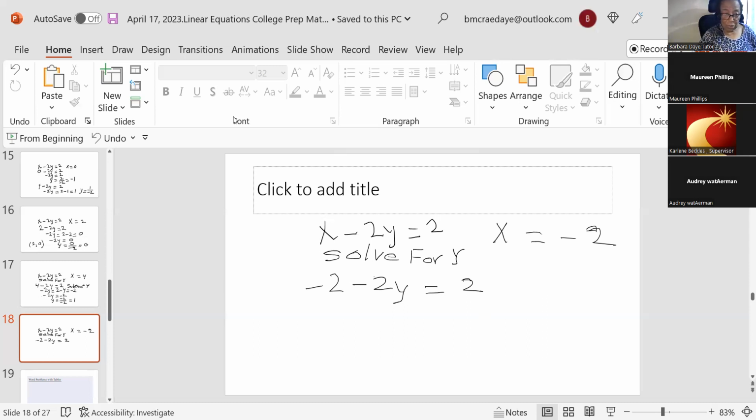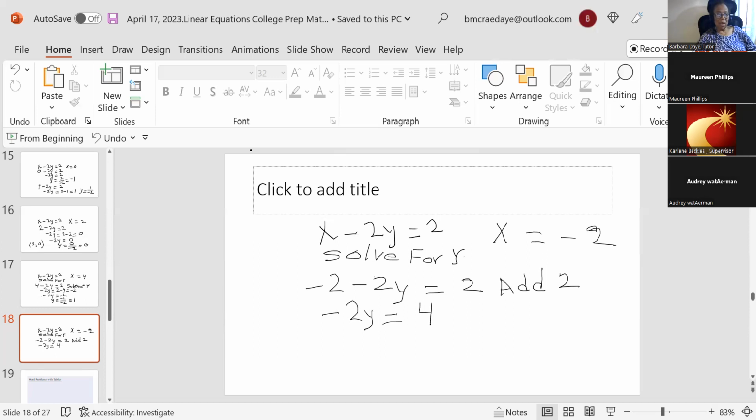So, Audrey, did you do that? Yes. Add. Okay, so you're adding a 2, because in order to get that to go to 0, you'd have to have a plus 2, right? So add 2. Now, add 2, minus 2 and minus 2 would be 0. That would give you minus 2y. And Maureen, what's 2 plus 2? 4. Now you can tell me the answer.